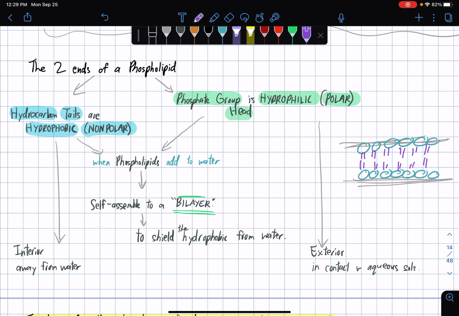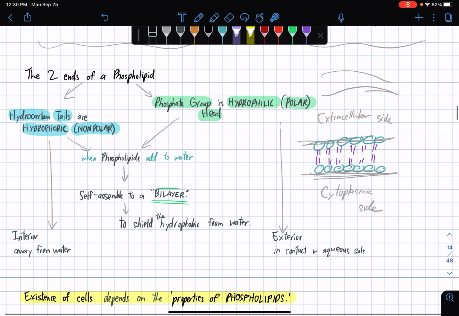There you go. So let's say this is the extracellular side. So basically, this is the outside of the cell. This is the cell membrane. This is the inside, the cytoplasmic side.